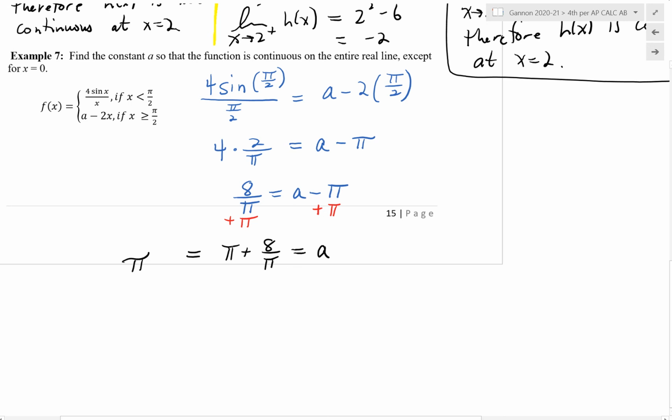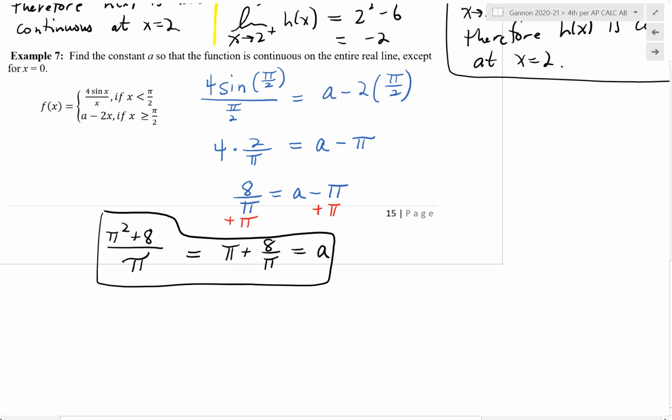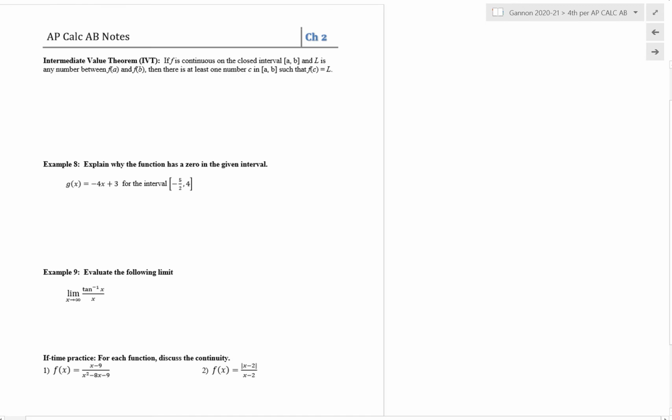So you're going to multiply pi by pi over pi, which would give us pi squared plus 8 over pi. And that would be the value of a. That would make that function continuous for all real numbers except for possibly 0, because the numerator would be undefined at 0.